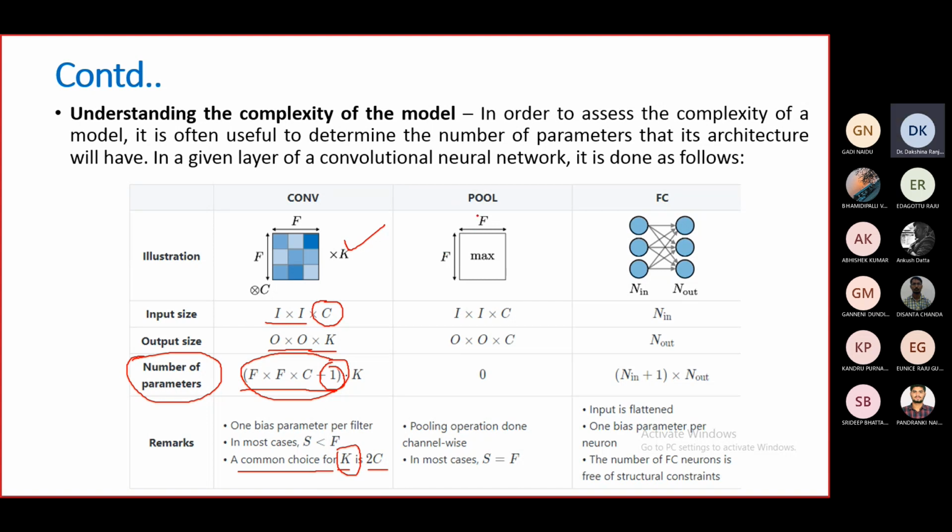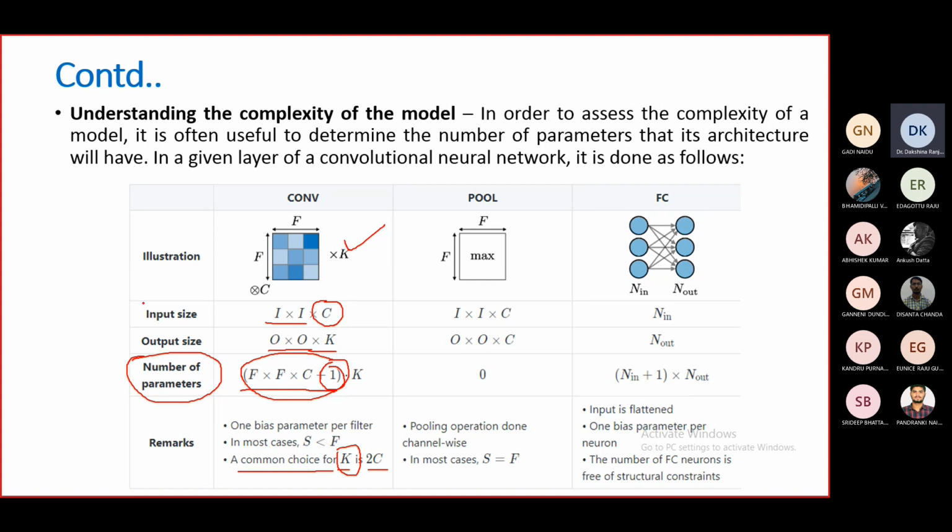Now here, in case of the pooling operation, if we consider the dimension of the pooling matrix F by F, we get the number of parameters as 0.